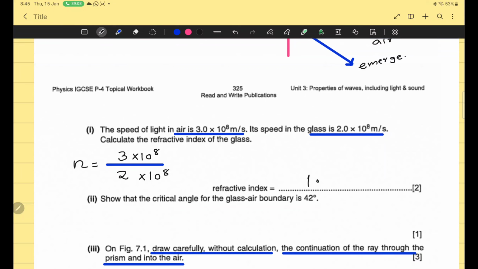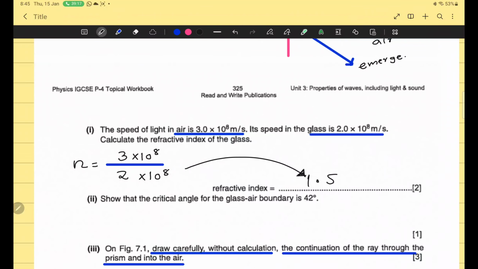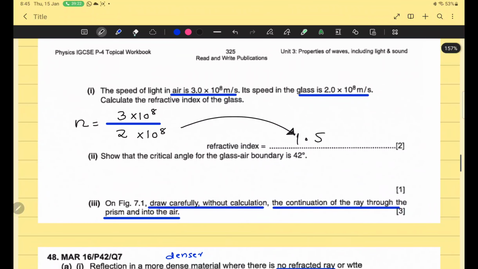And if you simplify these numbers, then the answer is 1.5. By speed of light, we have calculated refractive index.